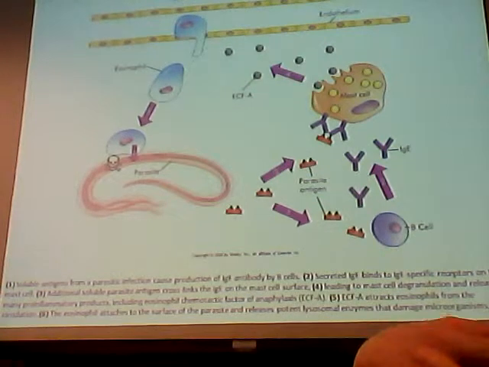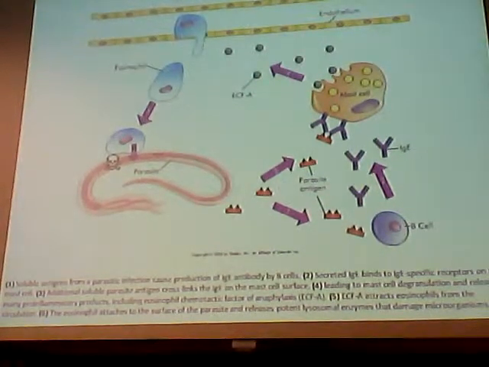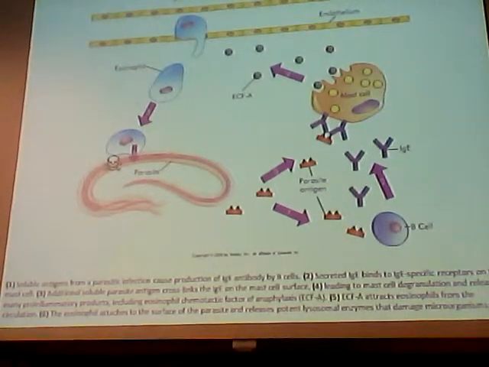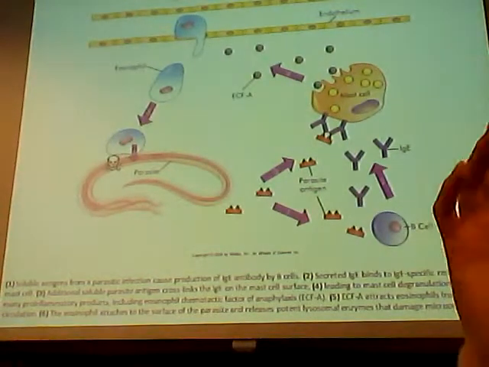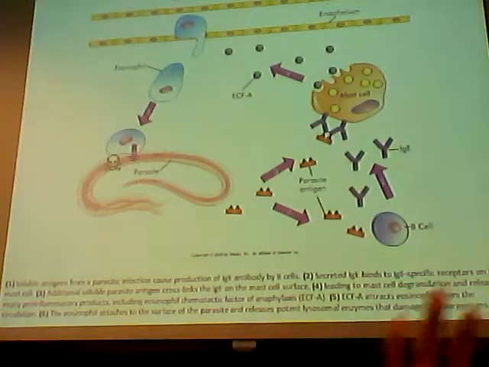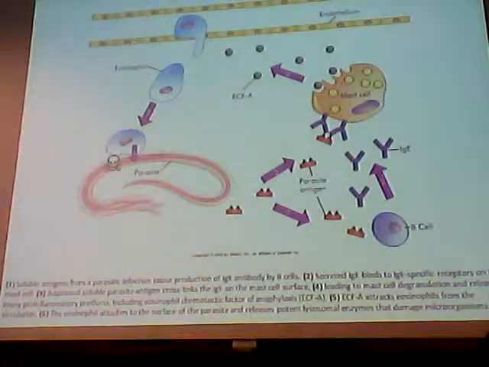IgG is the most prevalent, in the bloodstream everywhere. IgE deals with allergies and parasitic worms. And IgM is the one that can do the class switch.